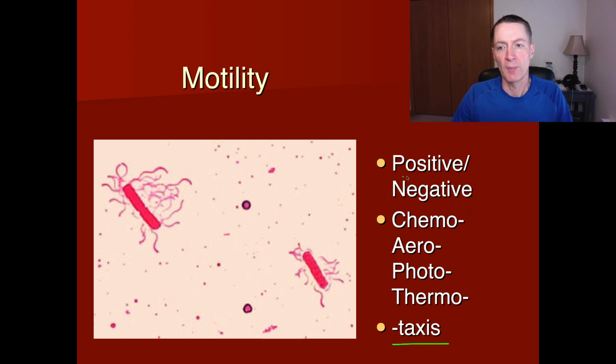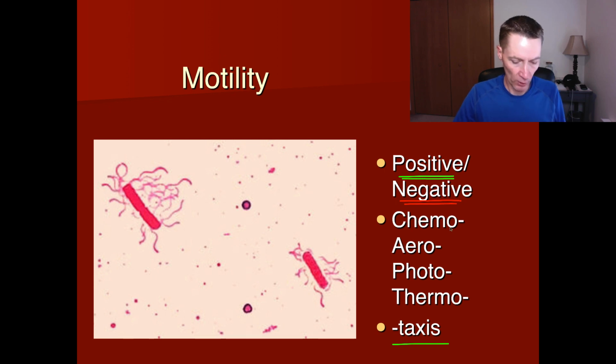If we think about a positive taxis, some kind of movement in the direction of something, that would be positive. If we switch to red for this, a negative taxis is moving away from that thing. So now we have to pick what it is moving towards or away from.